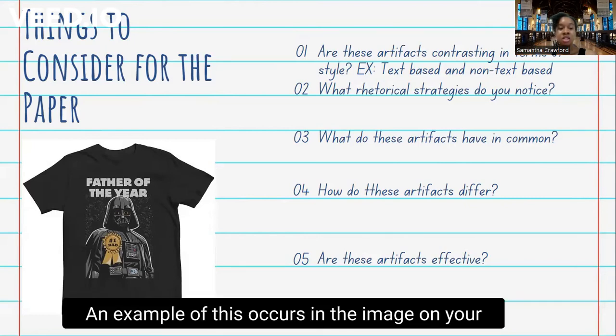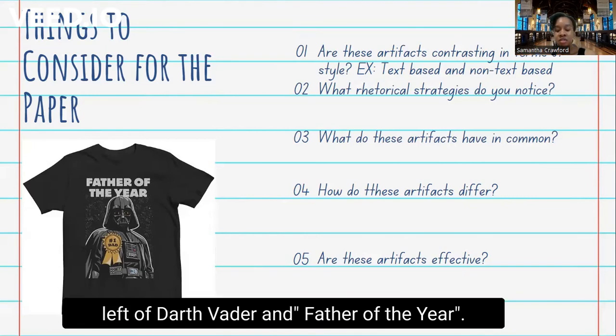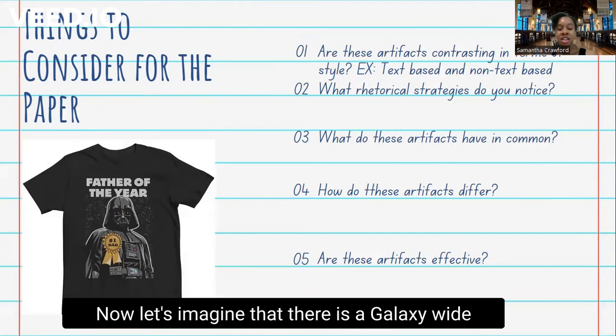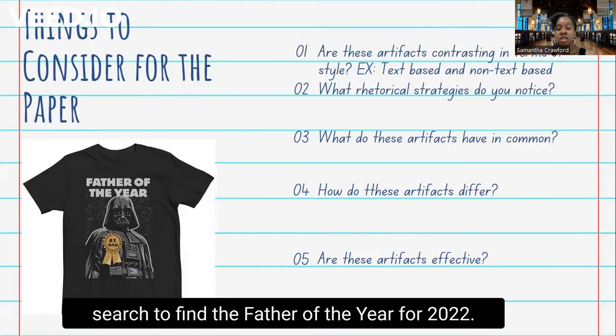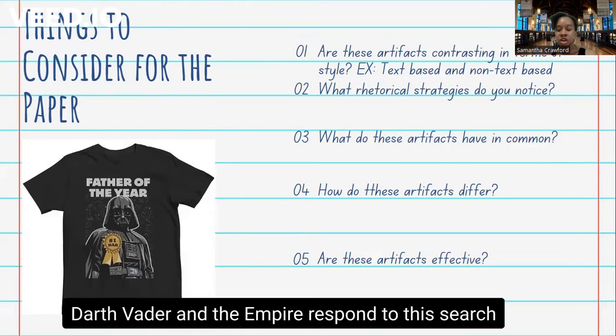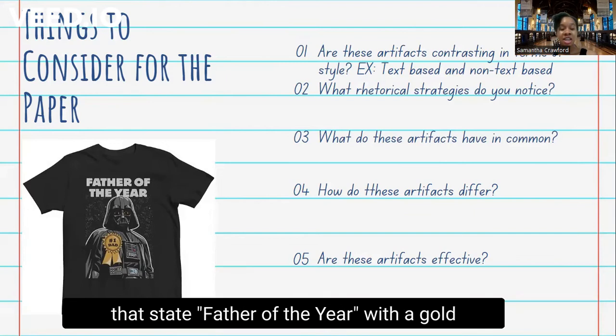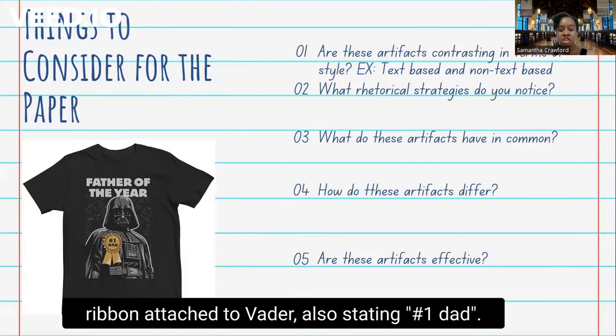An example of this occurs in the image on your left of Darth Vader and Father of the Year. Now let's imagine that there is a galaxy-wide search to find the Father of the Year for 2022. Darth Vader and the Empire respond to this search by putting on an elaborate campaign complete with t-shirts that state Father of the Year with a gold ribbon attached to Vader also stating #1 Dad.